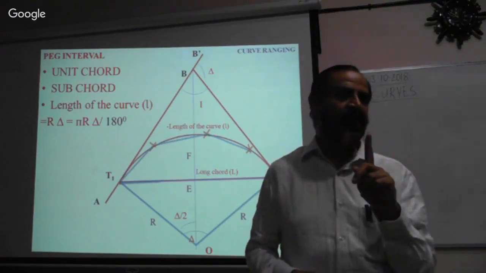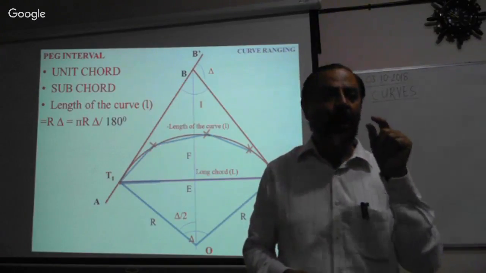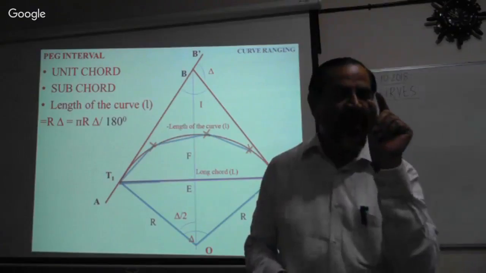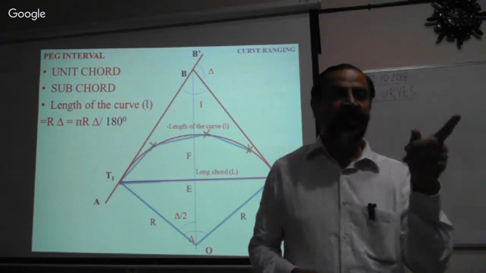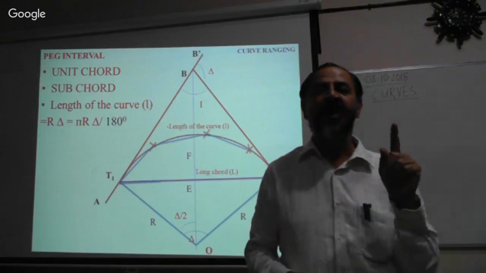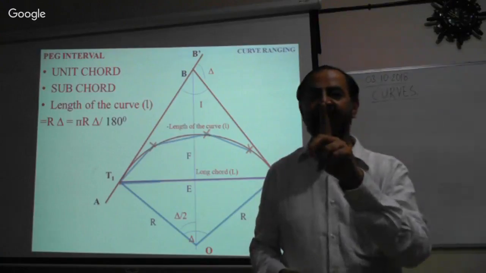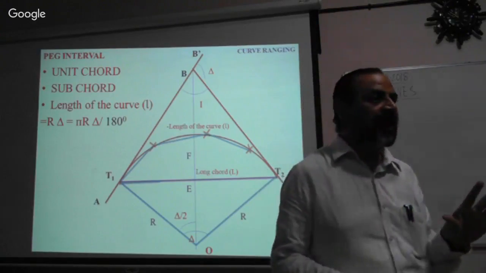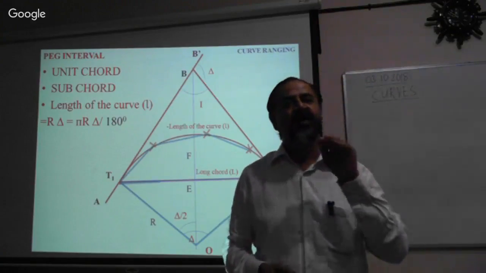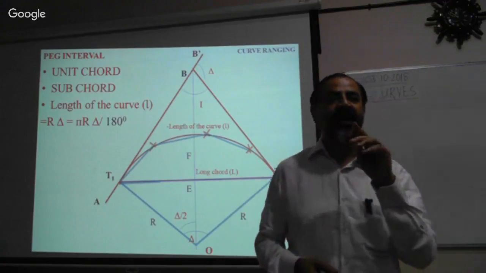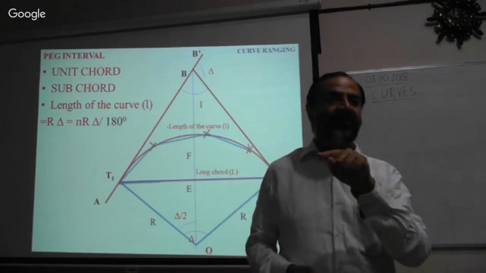Am I right? What I am suggesting is, don't go for very small cards. 17 plus 1 means 18 cards: 17 unit cards and 1 sub card. Therefore, we will restrict to 17 cards only, and make the last card a sub card of 25.